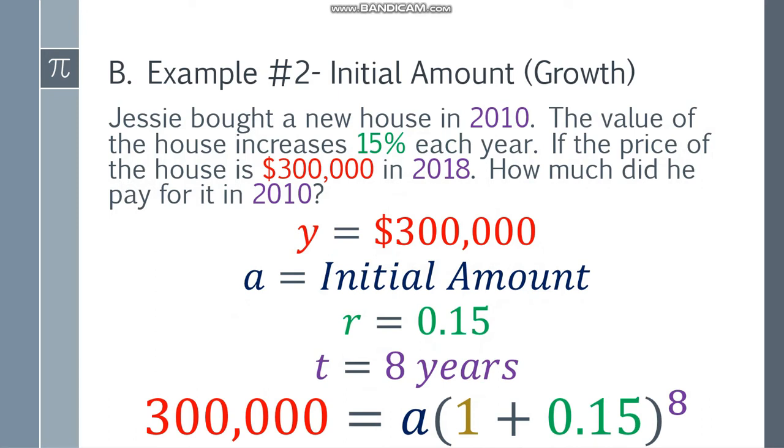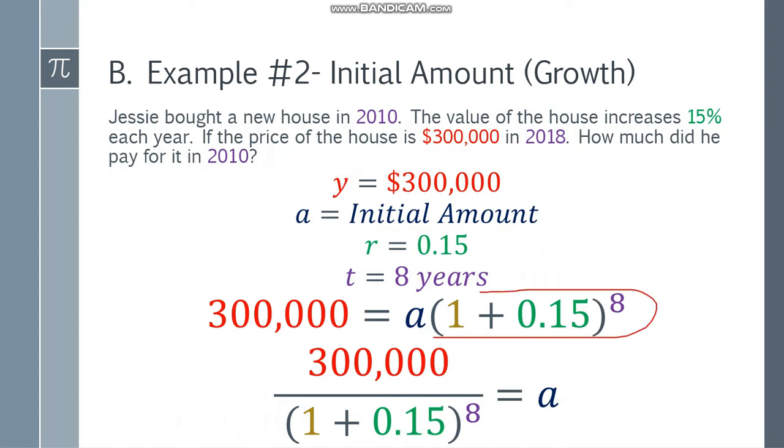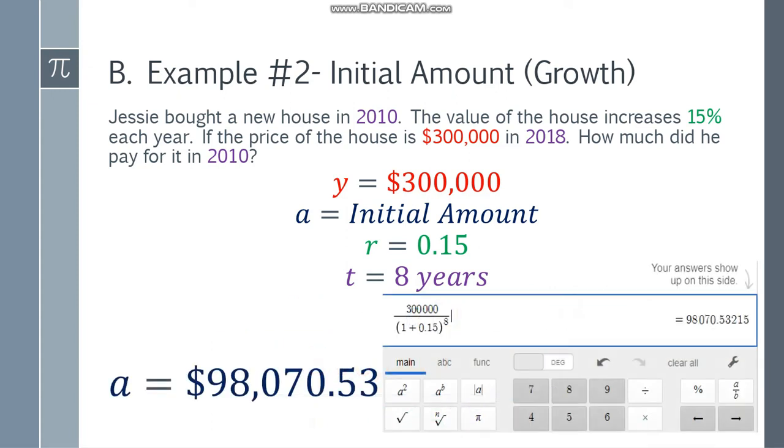Ngayon, algebraically, i-resolve that para makuha yung A. Lipat mo lang itong buo na to dito sa baba. So, divide both sides by the quantity 1 plus 0.15 to the 8th power para makuha yung value ni A. Simplify that one. Lagyan mo sa calculator as is, like this. Okay?